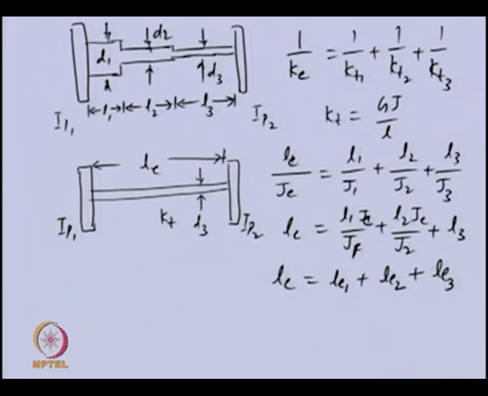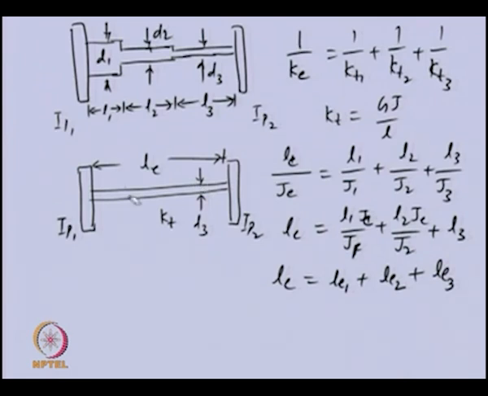With this we can obtain the equivalent shaft length, and now we can apply the previous analysis to get the natural frequency of the system, in which we had the 0 natural frequency and 1 flexible mode natural frequency. So all the analysis will be similar to the previous one.